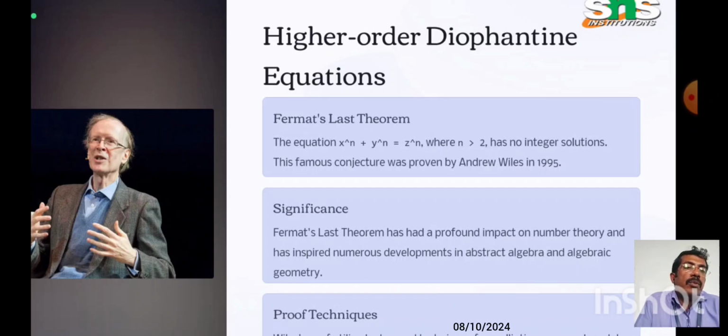For example, if you assume an equation x cube plus y cube equal to z cube, or x power 4 plus y power 4 equal to z power 4, and you try to solve it, you won't get integer solutions. That is what was stated by Fermat and proven by Andrew Wiles in 1995. It has great importance in recent advancements in technology.